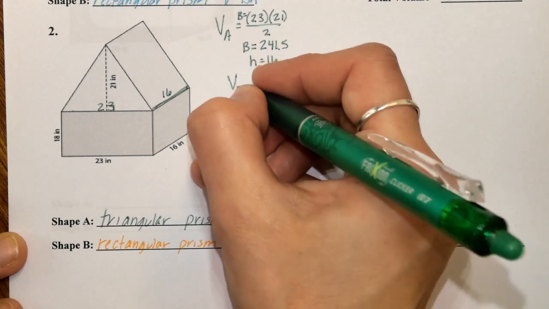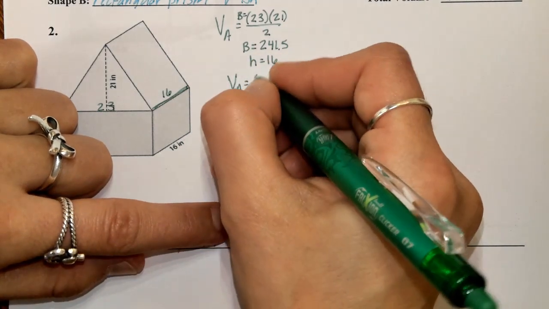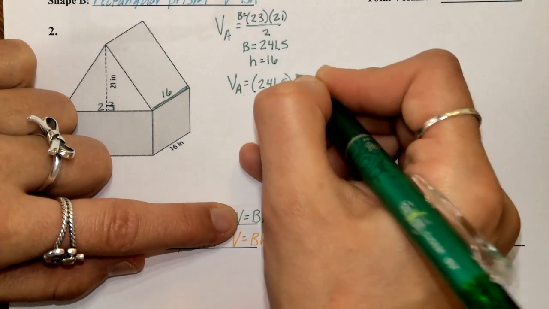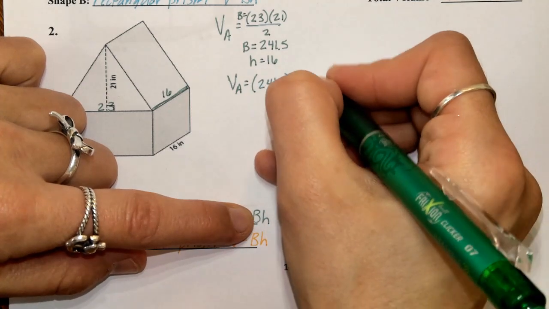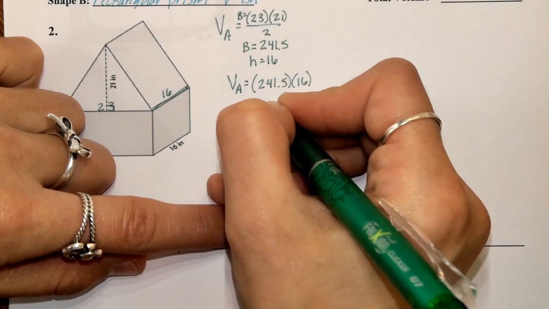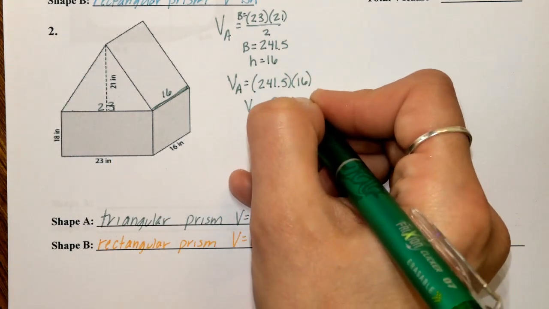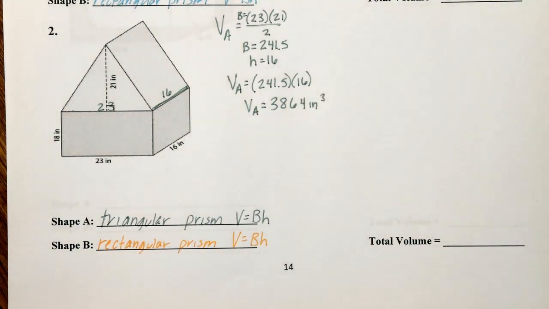So volume of shape A, we have big B, which was 241.5, times little h, 16. Our final volume, once we multiply these together, is 3,864 inches cubed.